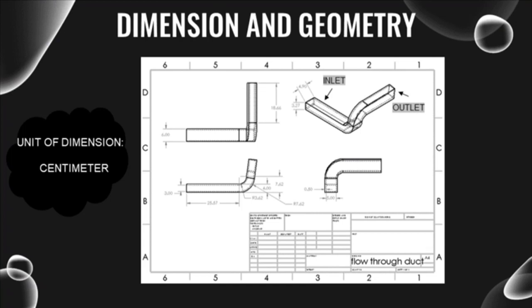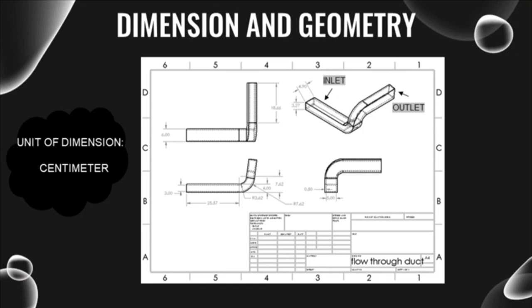You can see in the upper right corner the overall view of the rectangular duct. Assume the inlet and outlet. The upper left corner is the top view. The width of the outer is 6 cm and the inner is 5 cm, so we know that the thickness from inner to outer is 0.5 cm.